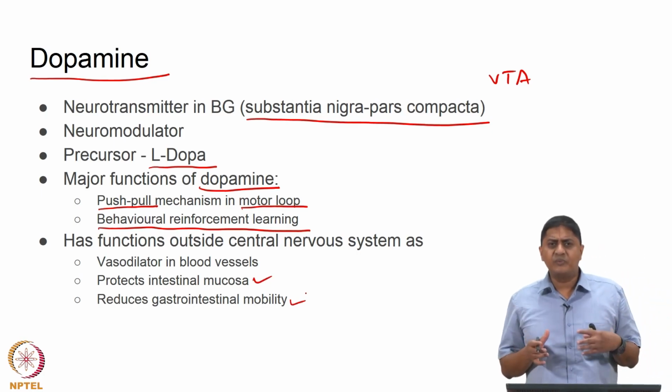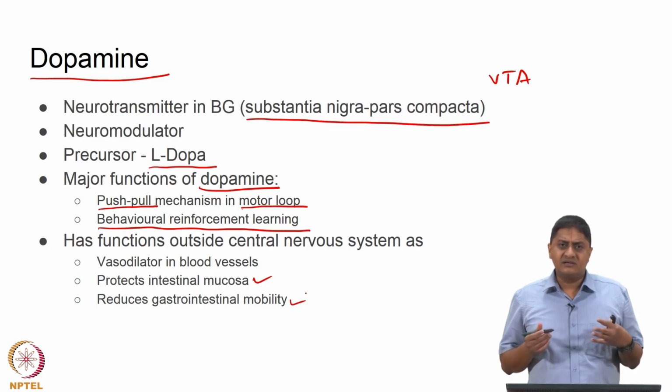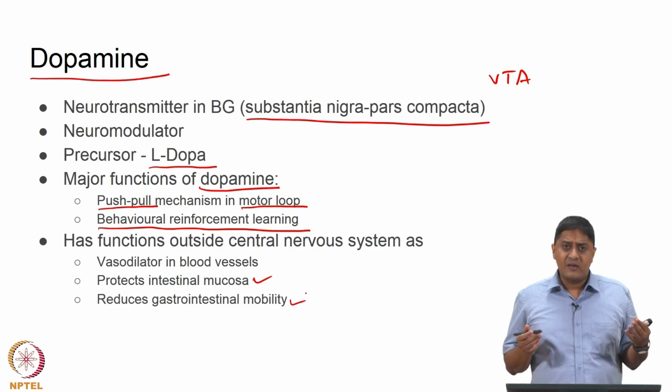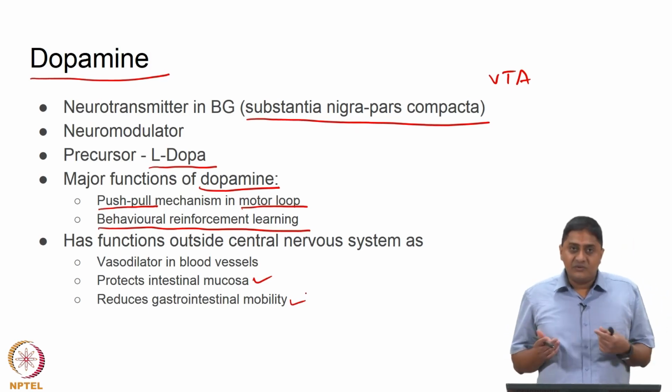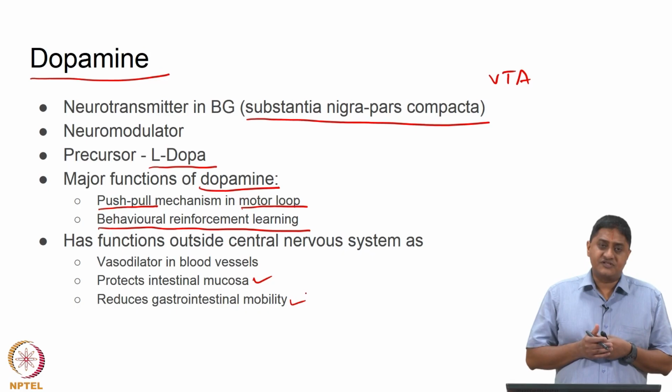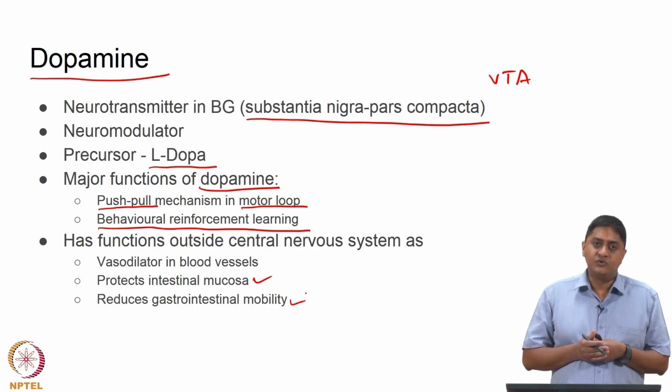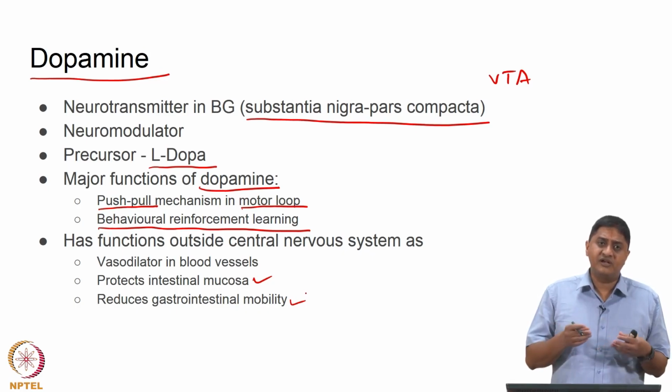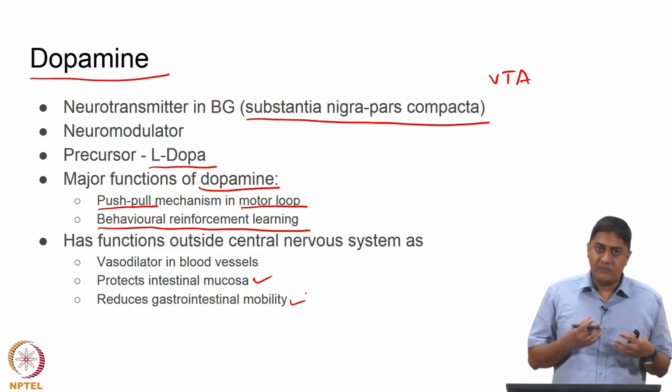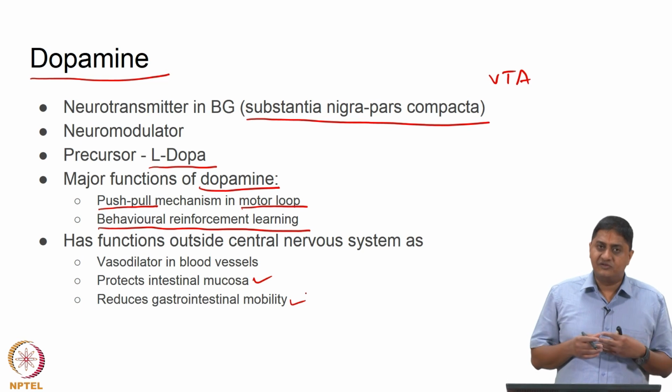Then the immediate question would be, if there are diseases that happen due to dopamine dysfunction in the brain, maybe we can relocate the digestive tract dopamine to the brain. That could be an easy solution.